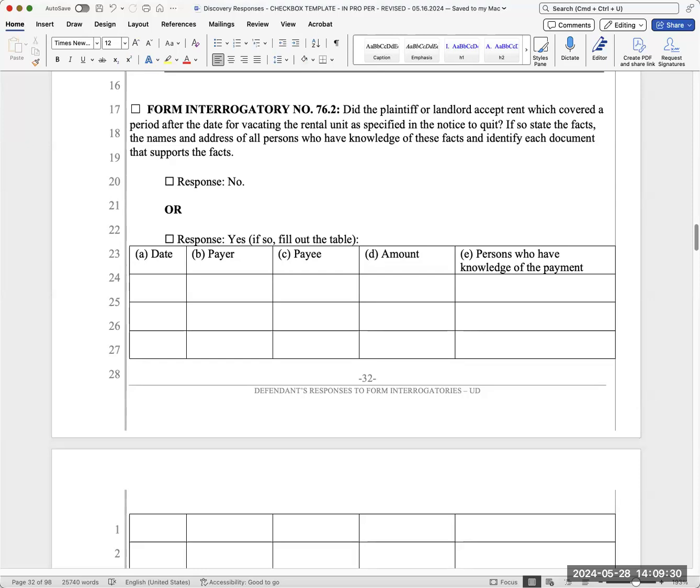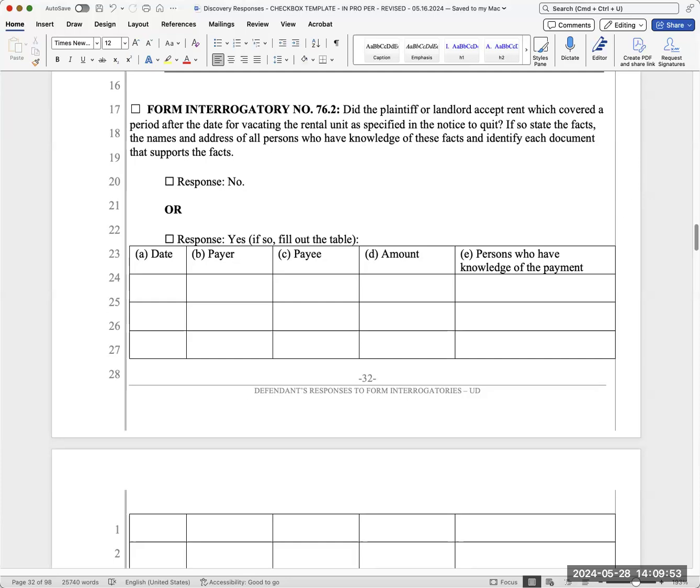And so you look at when the notice expires, right? And then after it expired, say you didn't comply with the notice, right? It expired, but now you attempt to make a rent payment. You attempt to comply with the notice in some way. And the landlord either does or does not accept rent, right?